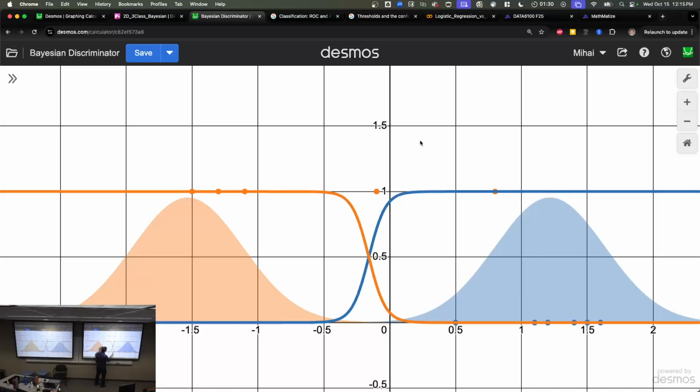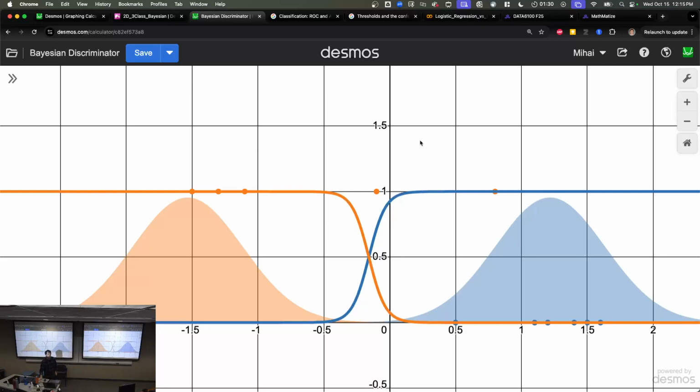This point over here, when x equals like negative 0.1, is like 75% likely to be blue. And then as soon as you're at x equals 0.5 or further, you're overwhelmingly likely, 99.9% chance, to be blue. That's the discriminator curve given by the Bayes theorem, starting with the two mountains. Okay, so overall, this is doing the exact same thing, just a different way of estimating the densities.